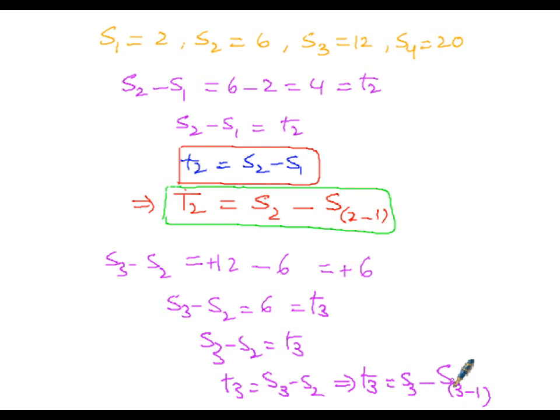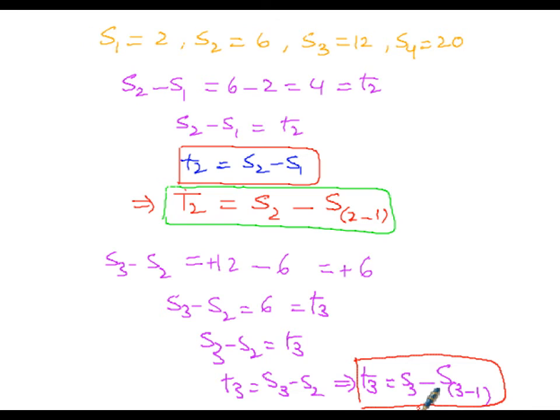To get T2 from S2 we subtract S(2 minus 1), and to get T3 from S3 we subtract S(3 minus 1). So the third term is obtained by subtracting S(3 minus 1) from S3.